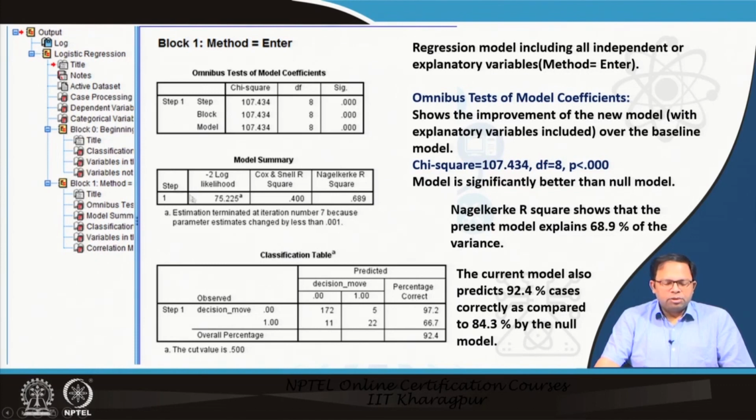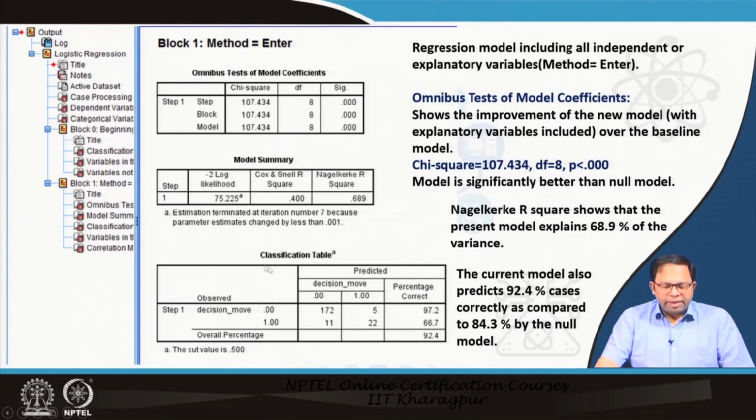And then we come to these R squares. These are not exact R squares as in a regression equation. These are specialized R squares developed for logistic regression, like Nagelkerke R square, which shows that the present model explained around 68.9% of the variance in the data. So that means this is sort of an R square measure which gives us an idea about the fit of the model.